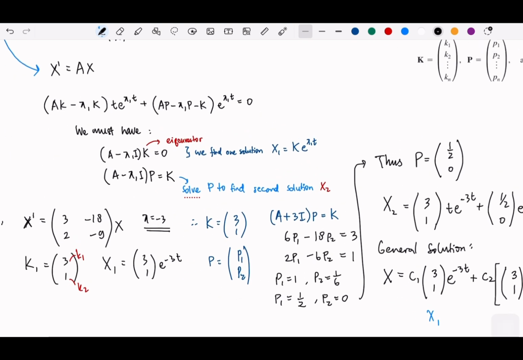We need to solve this, find the P, and that P will be our possible factor to be multiplied with our repeated eigenvalues equation. So this is for the repeated eigenvalues.